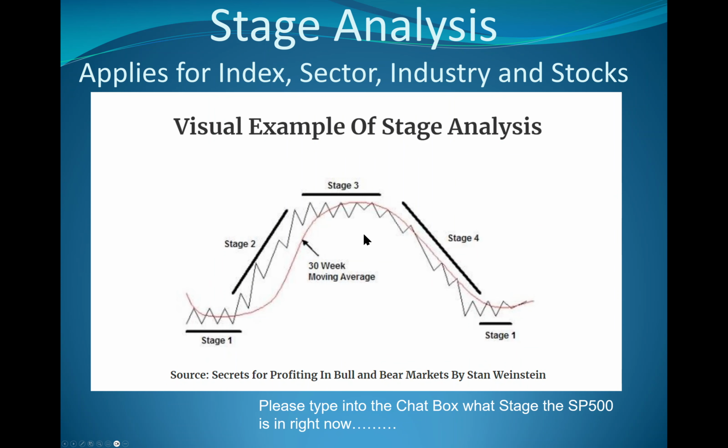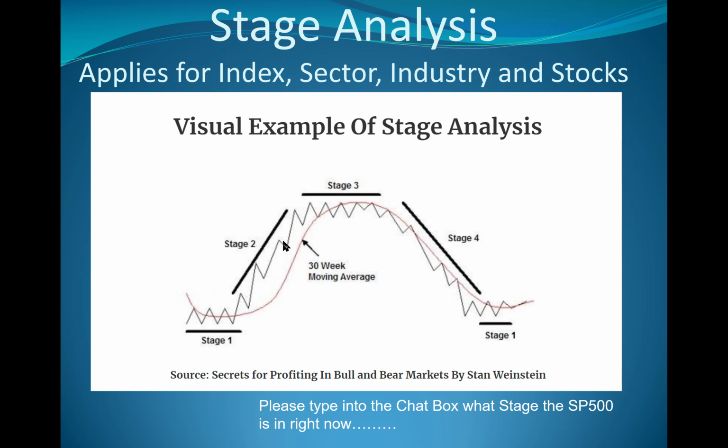Now, Stan Weinstein's got this great book, Secrets for Profiting in Bull and Bear Markets, and he came up with stages, and I think this is a very important aspect of trading, whether you're a day trader, swing trader, position trader, every stock, every index, sector, everything goes through the same pattern.